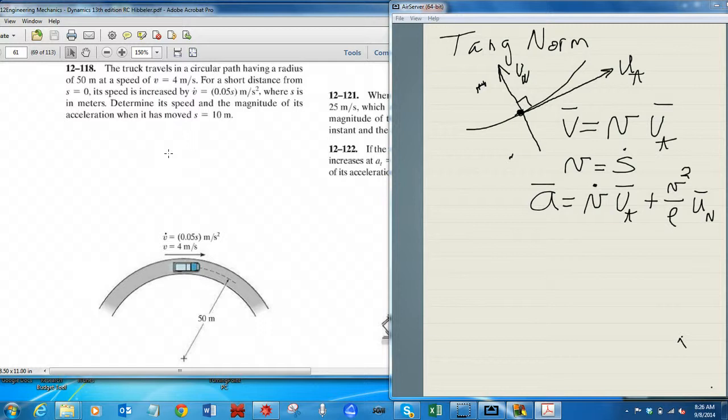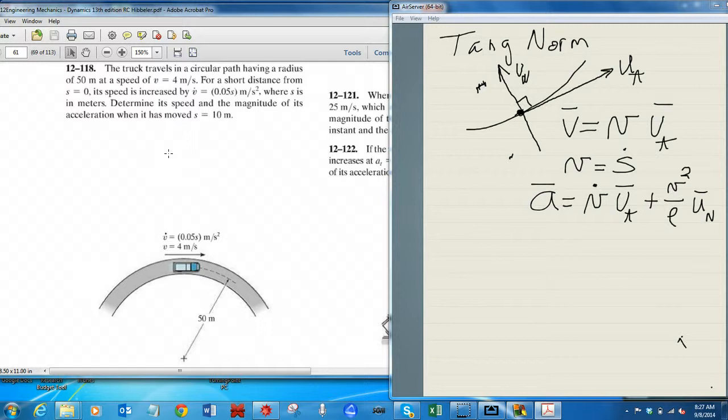And what does that V dot mean? Yes, a change in speed, change in V, right? So the V is changing by 0.05 S. What I want to know is what the V is when I'm interested in it. I know it's 4 there, but when S equals 10, what's the speed going to be?